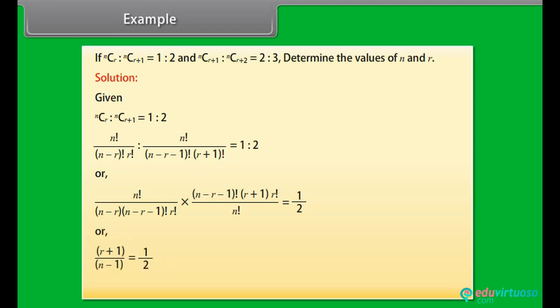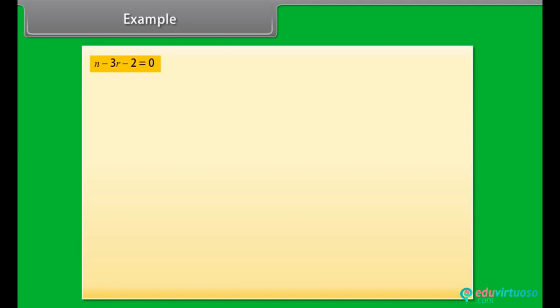Or (r plus 1) by (n minus r) is equal to 1/2. Or n minus 3r minus 2 is equal to 0. Name it as 1.